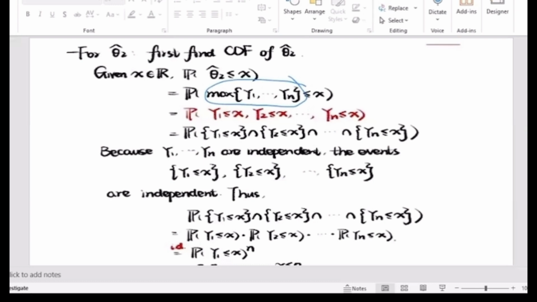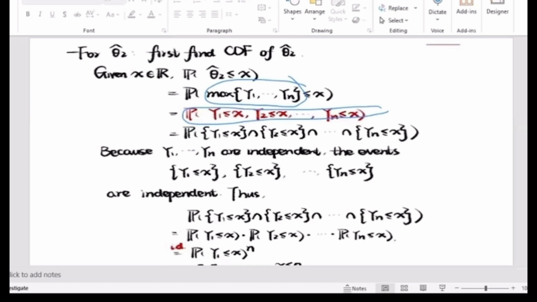Now, after that, for the maximum, I'm going to split. It gives you the opportunity to split. What is the probability of y1 less than or equal to s, y2 less than or equal to s, until I get yn less than or equal to s? Take a look at that.